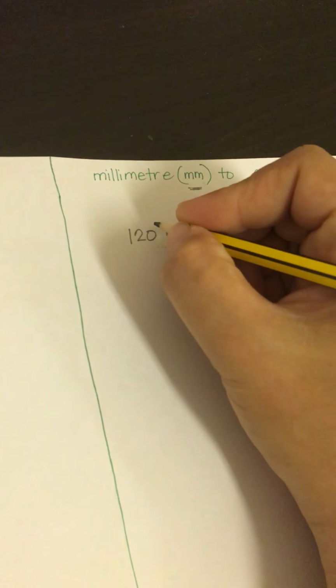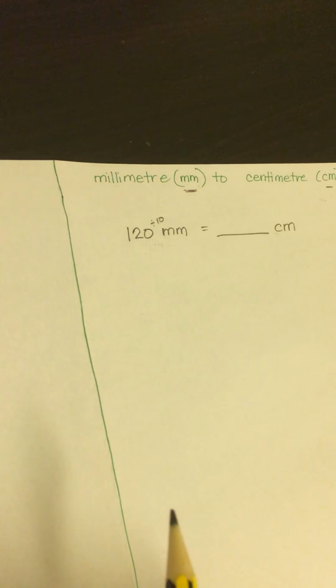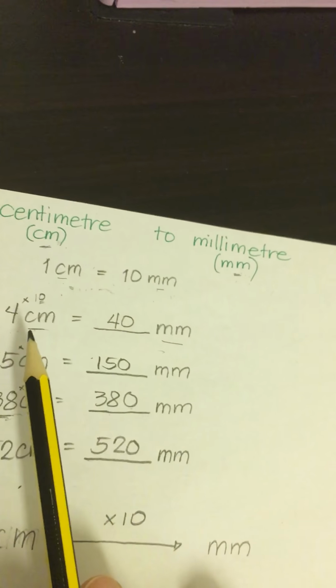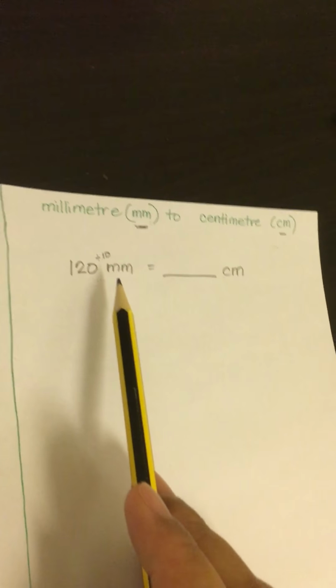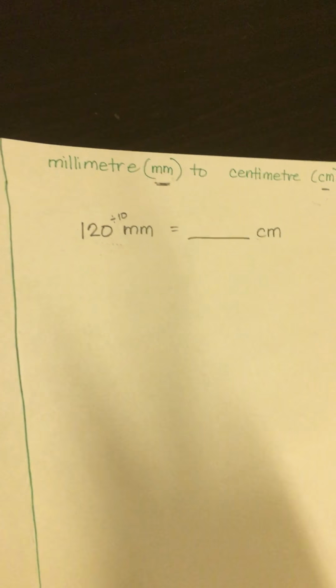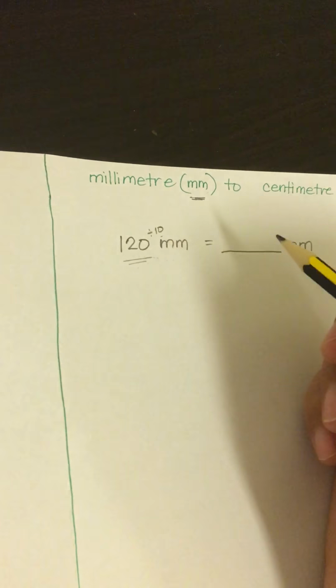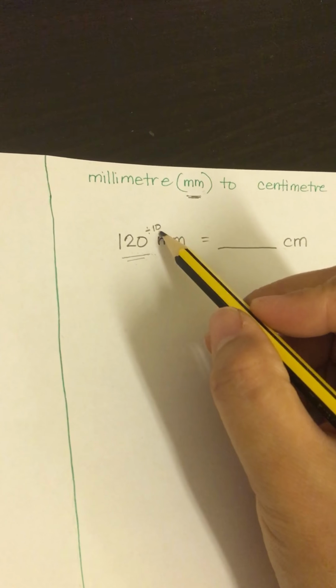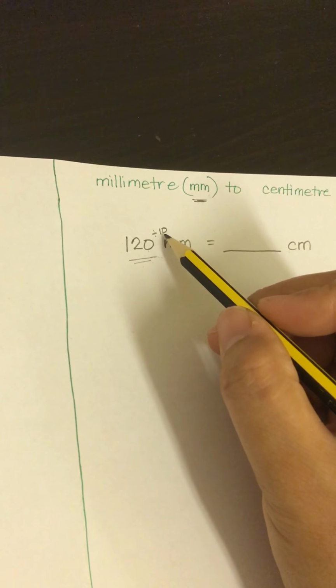So it means we need to divide it by 10. It's the opposite of multiplication. If we multiply in centimeter going to millimeter, here in millimeter going to centimeter we are going to divide. So we are going to divide 120 by 10.